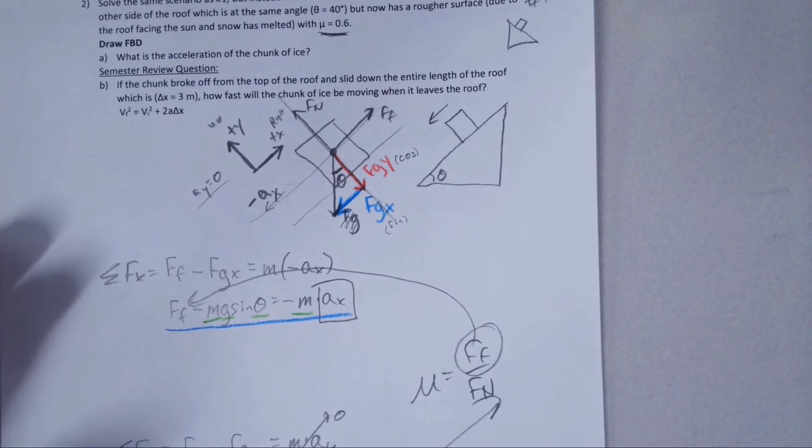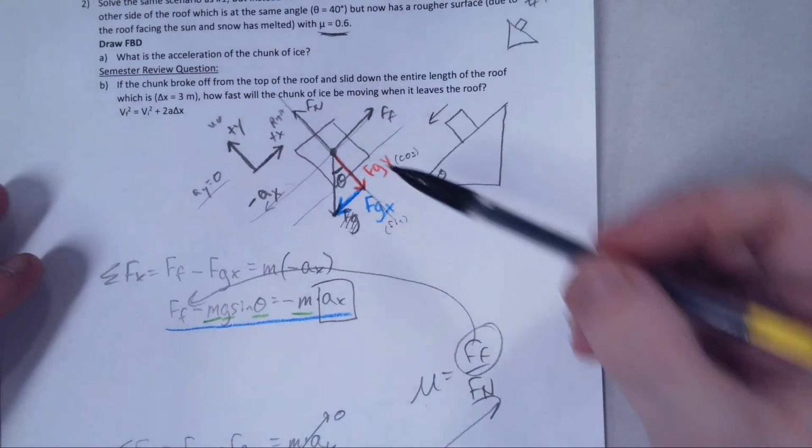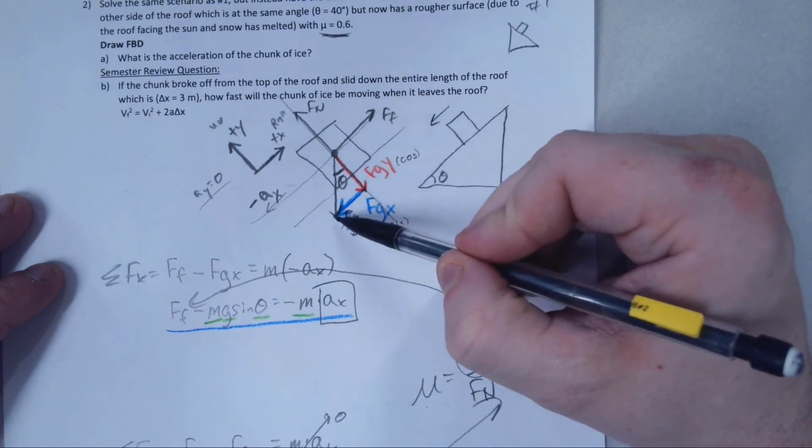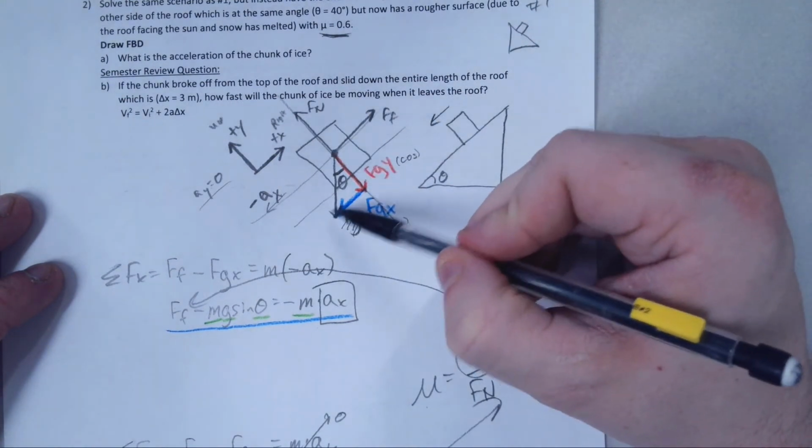Okay, so I guess if we're saying the biggest lesson today for this one is understanding how to draw this triangle, realizing that these two components have to make up the perpendicular side of the triangle.